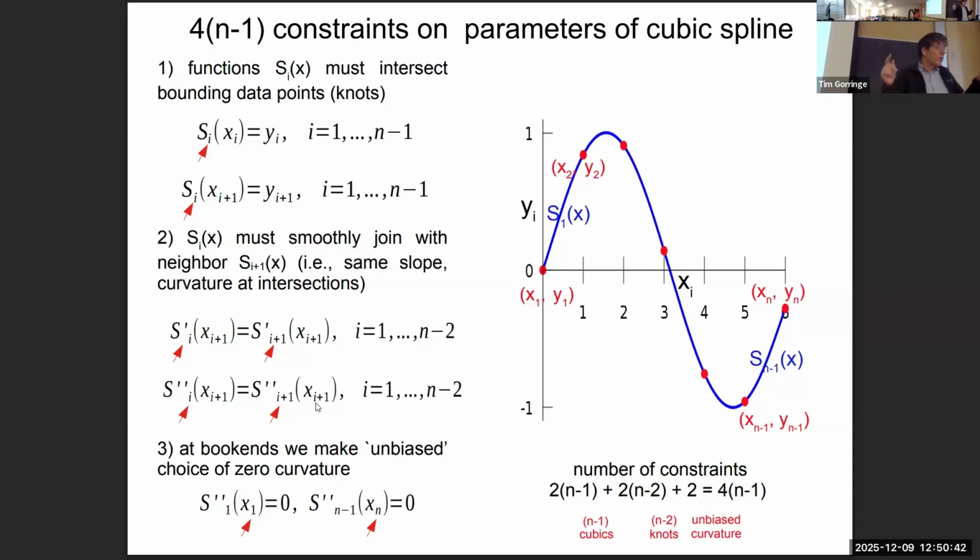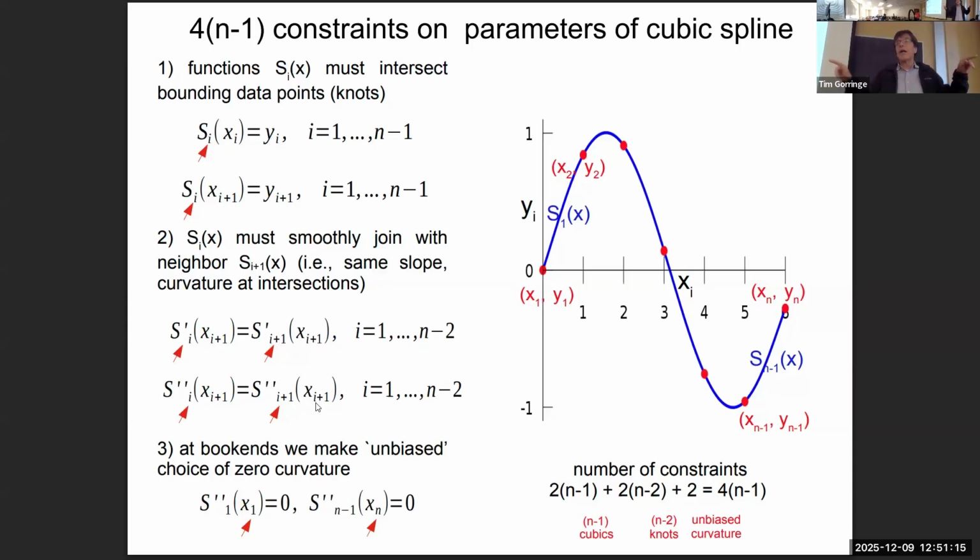So what we do there is we apply a naturalness condition. What we're going to apply as a naturalness condition is that the second order differential of the cubic on the far left and the cubic on the far right, the bookend cubics, at the endpoints, we're going to assume that those second order differentials are 0.